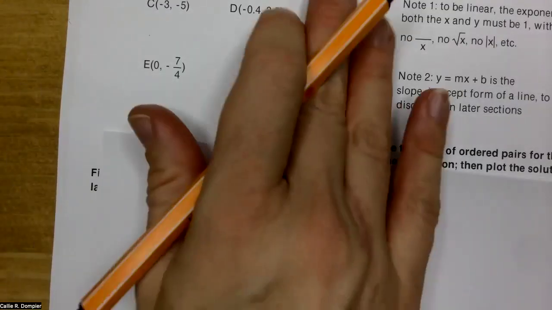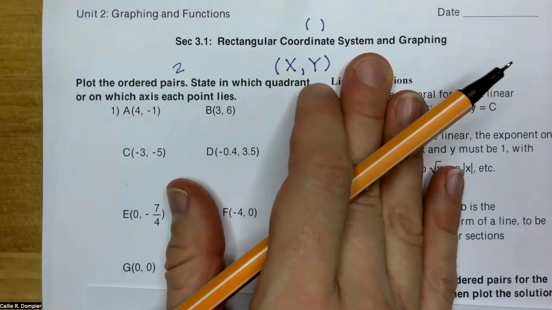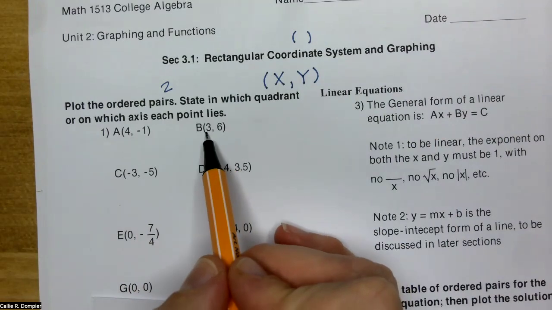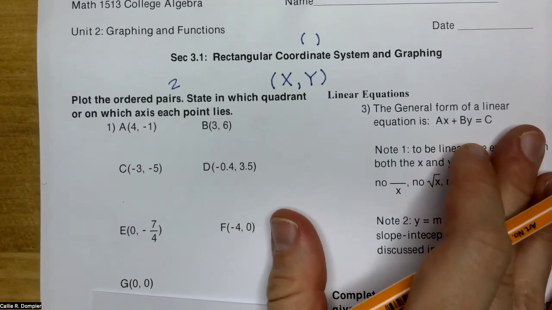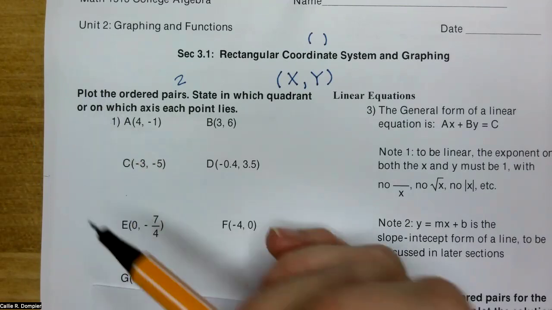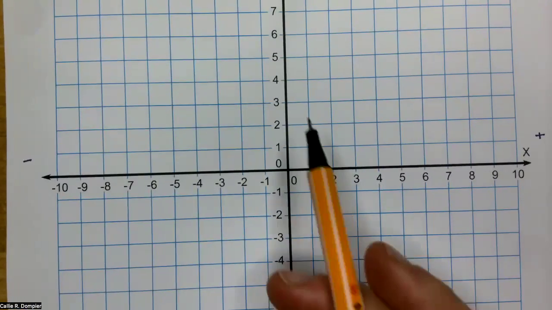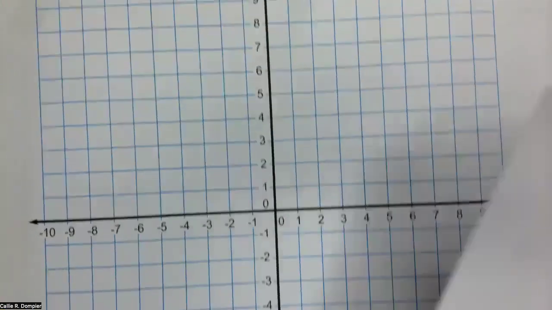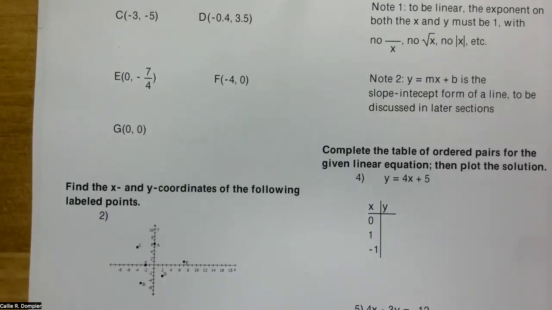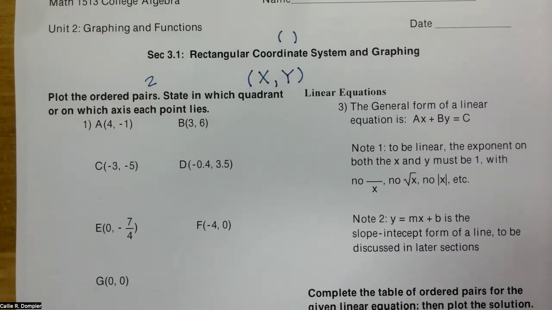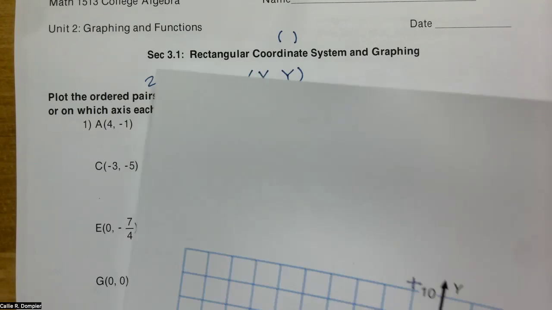So the ordered pair is just the x followed by the y value. The 4 is the x, the -1 is the y. The 3 is the x, the 6 is the y. It asks us to plot those, which means put them onto this coordinate plane, and then it's going to ask us to state which quadrant each point lies in.